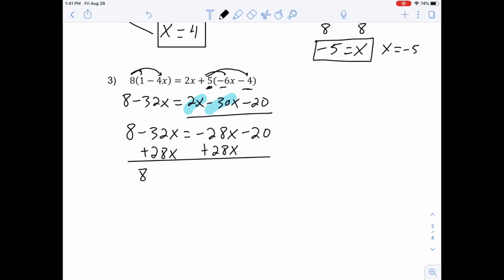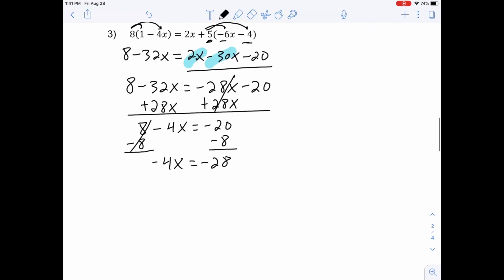So that gives me 8, and then I have negative 32x plus 28x is minus 4x is equal to negative 20. So now here, I want to get rid of this 8. Now it's a positive 8, so I have to subtract it from both sides. And again, students sometimes get that confused. So that leaves me with negative 4x is equal to negative 28.